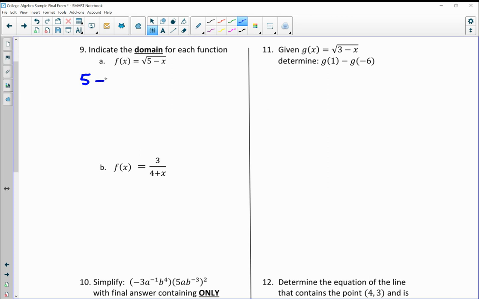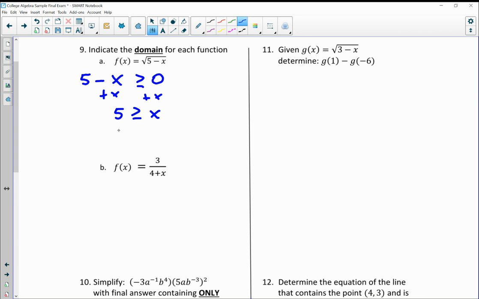Right? So we'll take 5 minus x, set it to be greater than or equal to 0, and we'll solve it. So what we can do is add the x over, add the x, and we have 5 greater than or equal to x. Right? What does that mean if we switch it all around?